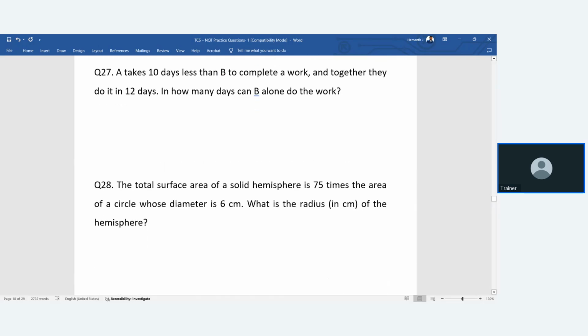Right. So now see this question. A takes 10 days less than B to complete a work, and together they do it in 12 days. In how many days can B alone complete the work? That's a time and work related question. Let me see how many can solve this.